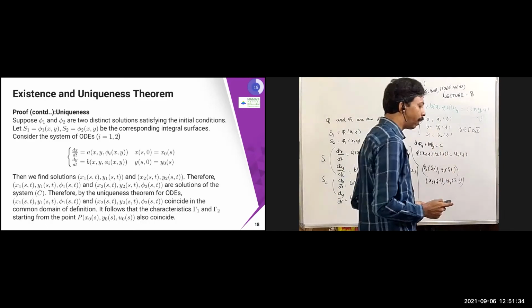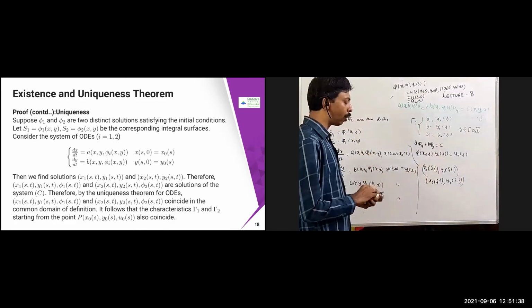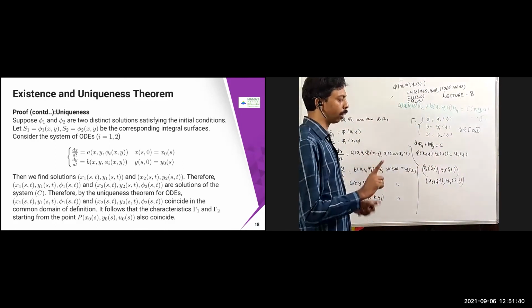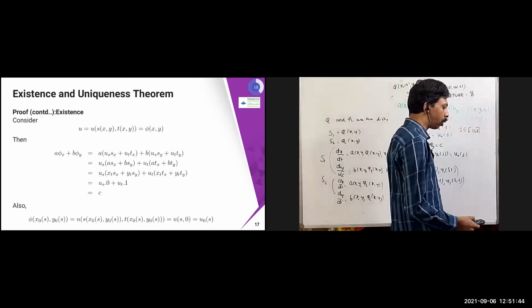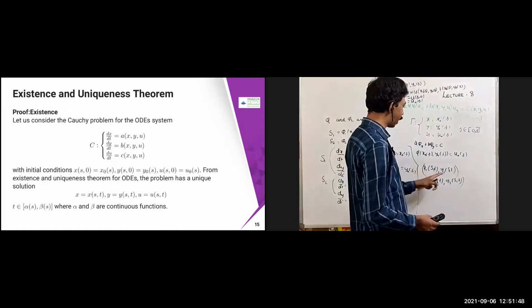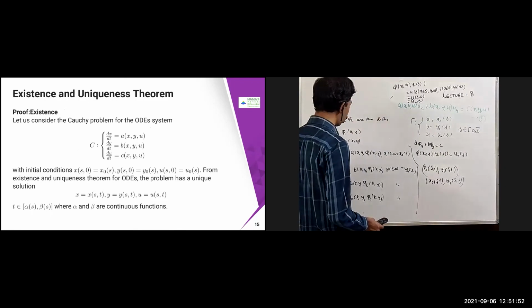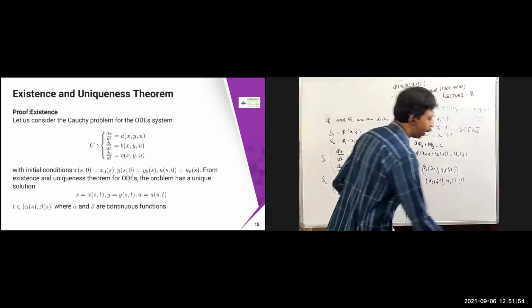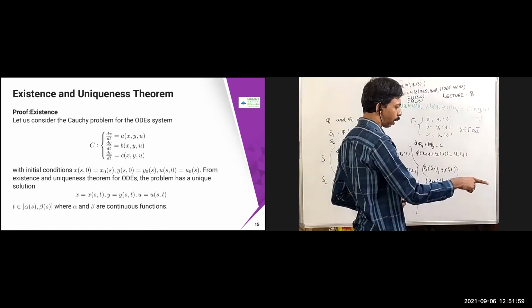But as per the uniqueness theorem of ODE, we are going to have only one solution. What we are claiming here is that since x1(s, t), y1(s, t) are solutions of this characteristic system, automatically they give a solution of this problem.